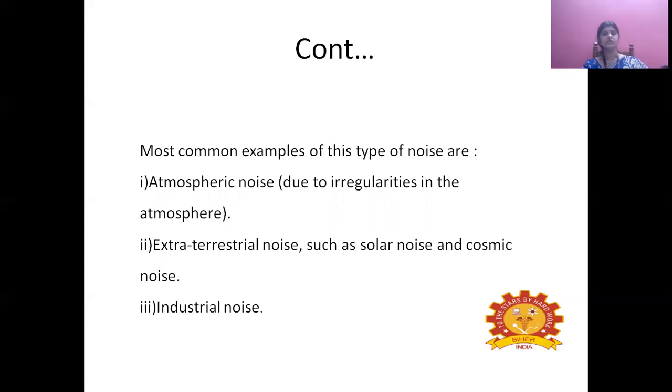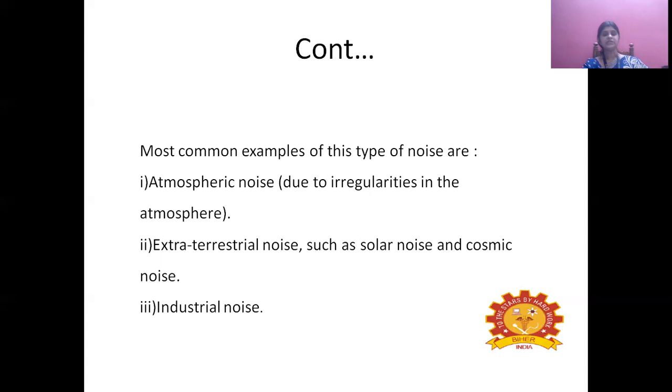This kind of noise occurs due to irregularities in the atmosphere, that is, due to lightning discharges, thunderstorms, etc. This lightning will produce some electrical discharges. These electrical discharges will travel along with your information, due to which our information gets degraded.